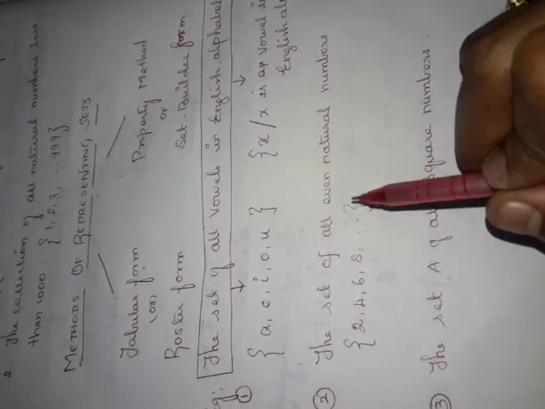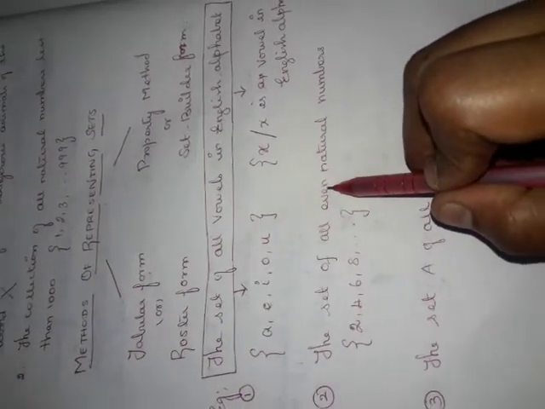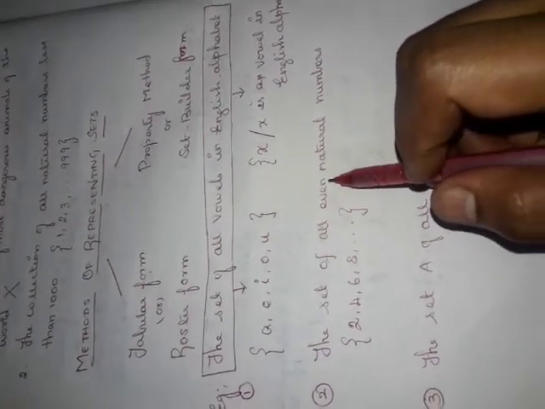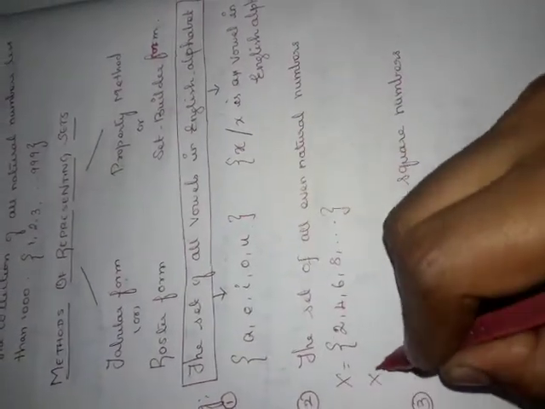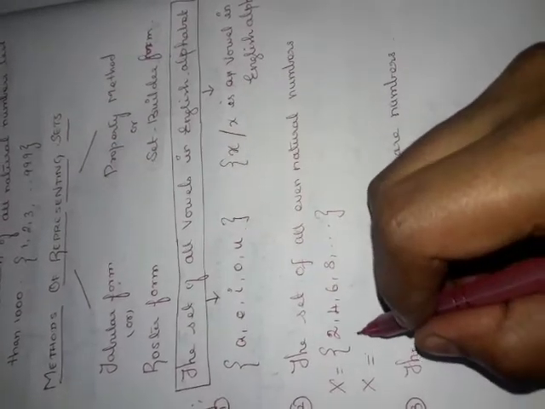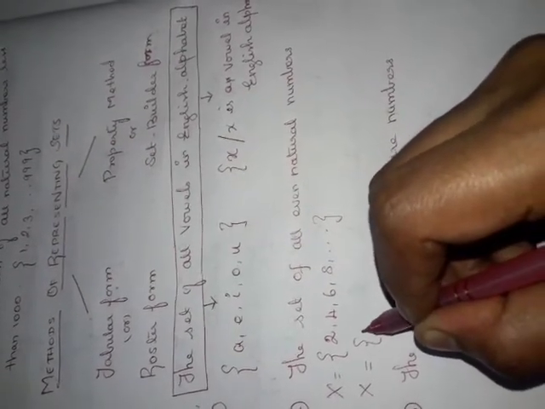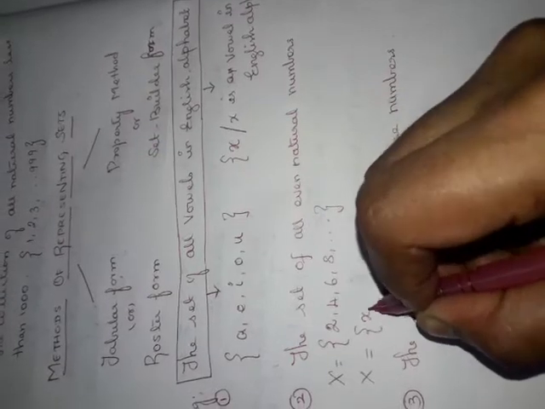Now how will you express the same set in set builder form? We can name this set, say x. The set of all, as I told you, we denote it by some variable x.